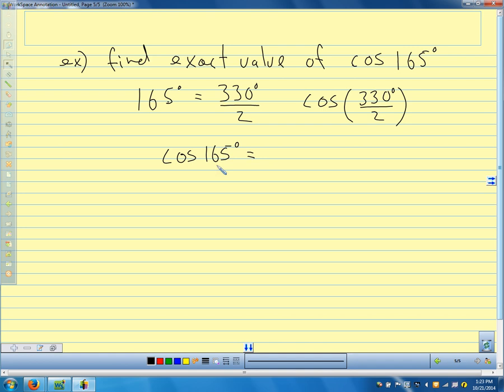Second. So our plus or minus for cosine in the second quadrant? Negative. Cosine is negative. The x coordinate is negative in the second quadrant. So I'm going to get a negative square root of 1 plus cosine of 330 degrees over 2.